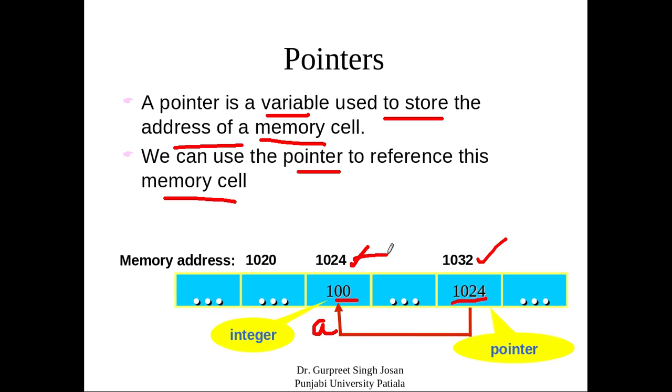When we put this address into some location, then that location is known as a pointer. So now it is a pointer that is pointing to the variable a, pointing to the location pointed by 1024. So pointer is just a variable like all other variables. Its value can be changed. We can store different addresses at that particular location, and it stores the address of a memory cell.